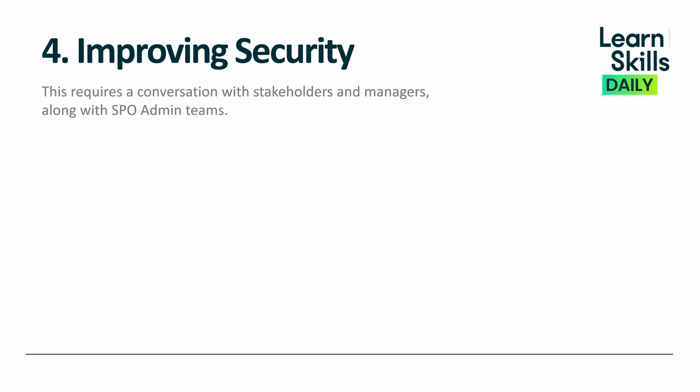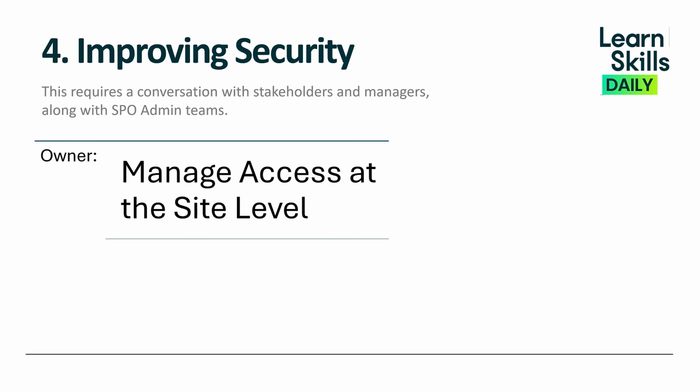So you'd rather provide as little privilege as possible so that you're not oversharing or exposing confidential data beyond what is necessary. So as an owner, you want to focus on managing access at the site level.